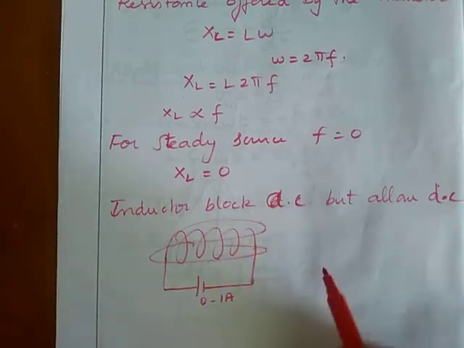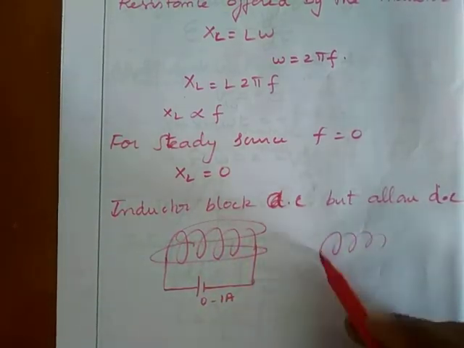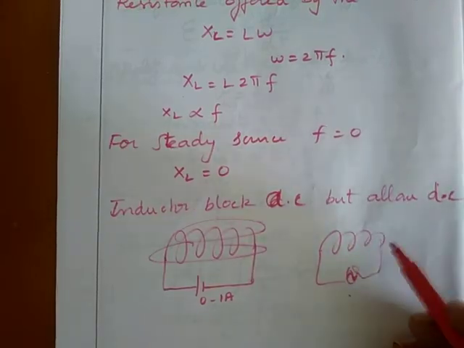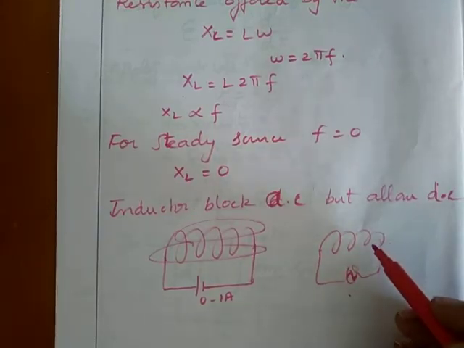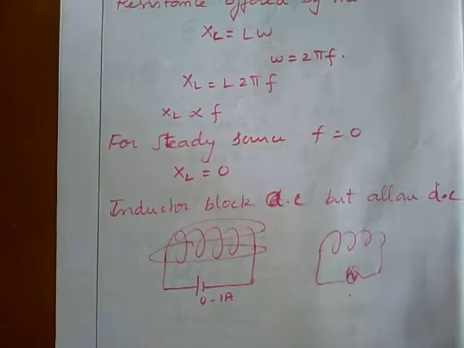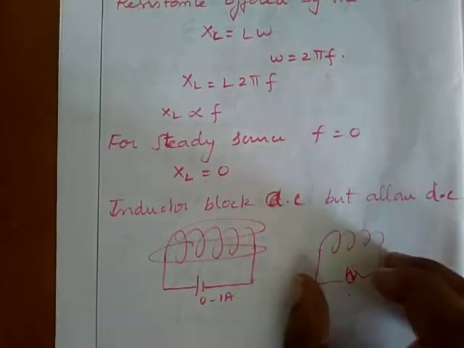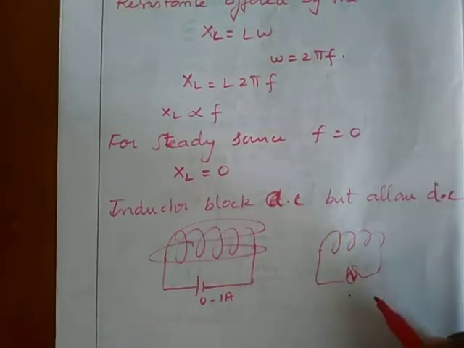But for AC, due to the change in current, it will produce an alternating magnetic flux. Due to the change in magnetic flux, it will produce a self-induced EMF. We know according to Lenz's law that self-induced EMF opposes the cause. So it offers finite resistance for AC.